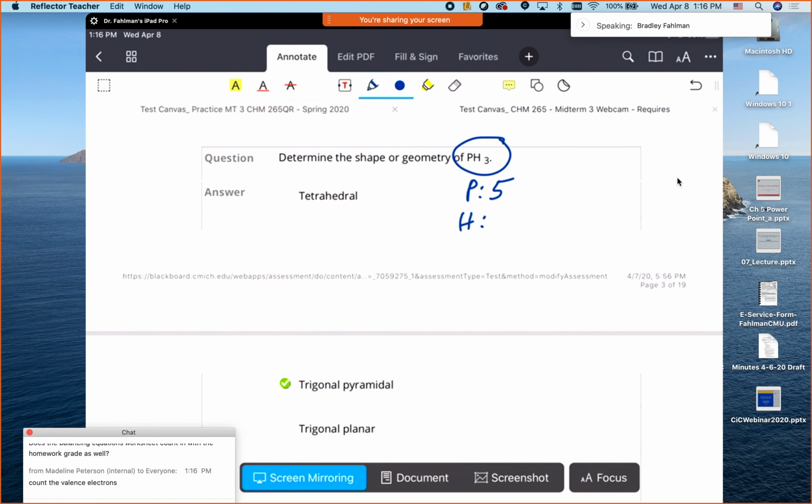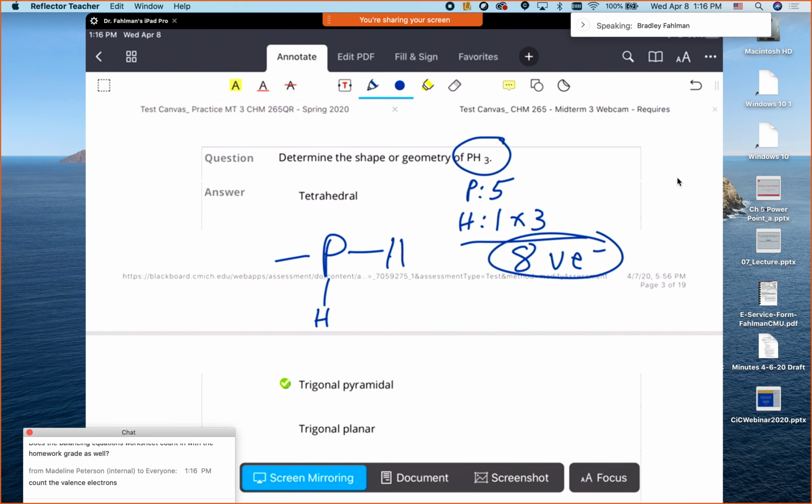And then hydrogen, there's 1 and then 3 hydrogens. Yeah, okay, so I thought I did something wrong. So 8 valence electrons. Okay, so then put phosphorus in the middle, like that. Okay, so then we've placed 6, 7, 8. Okay, so remember that hydrogens are happy with just 2 electrons next to them.